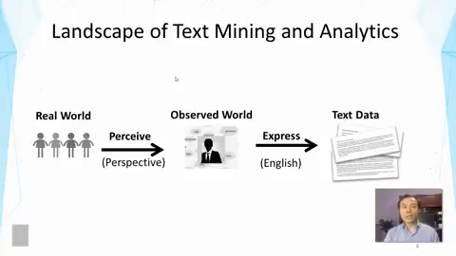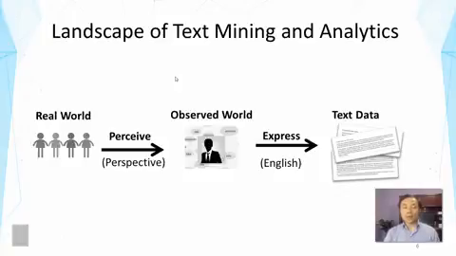And so the human sensor would perceive the world from some perspective, and would then form a view of the world, and that can be called the observed world. Of course, this would be different from the real world because of the perspective that the person has taken. This can often be biased also.